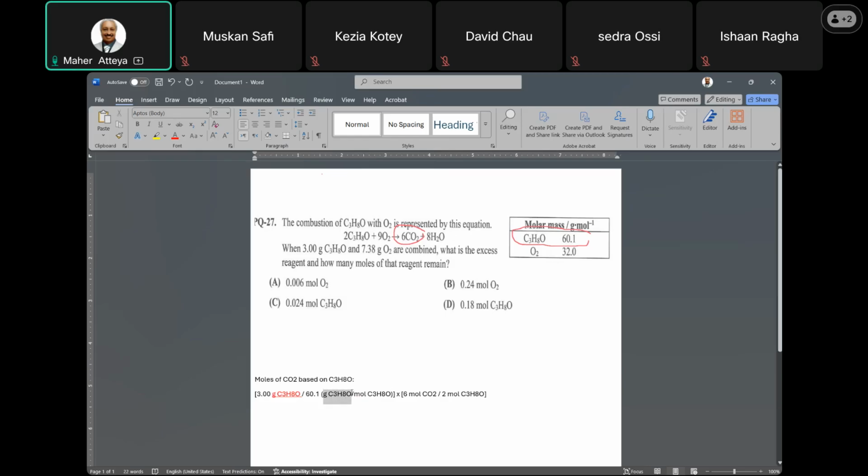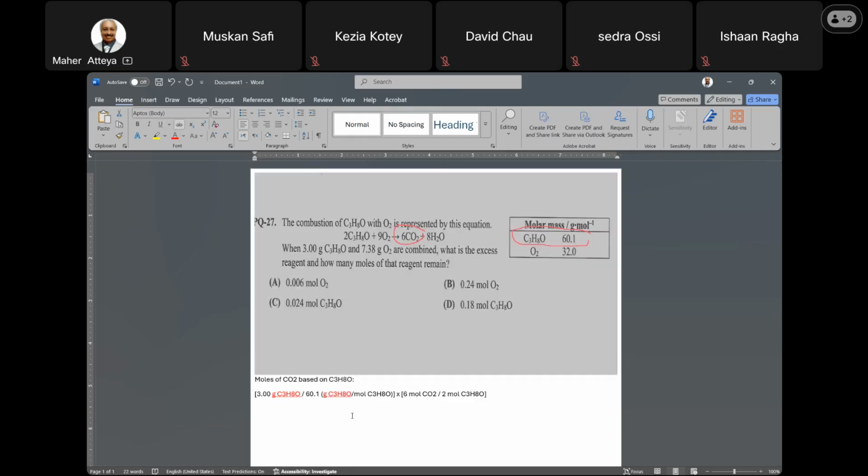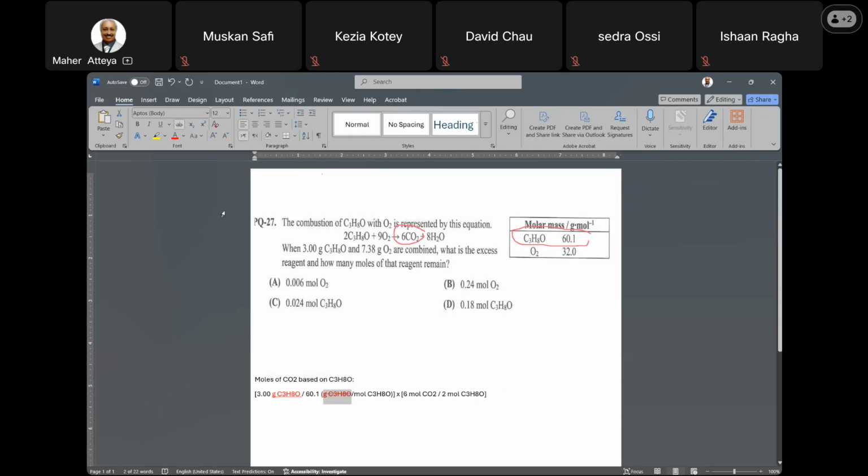So what you get is the moles of CO2 on top and the moles of the organic on the bottom, which cancel.